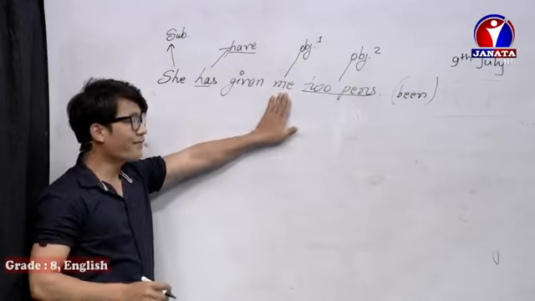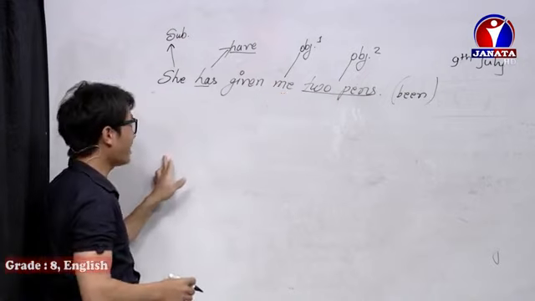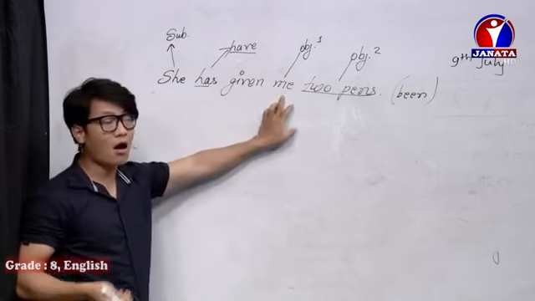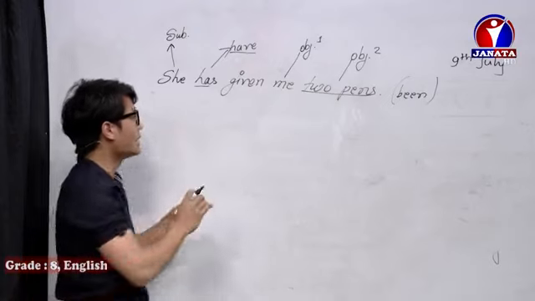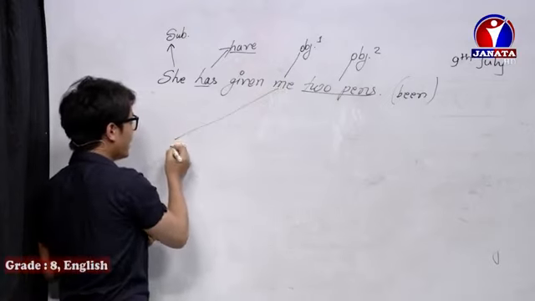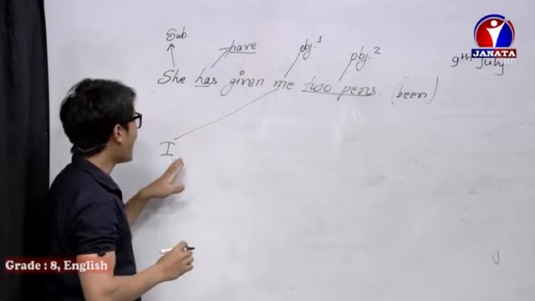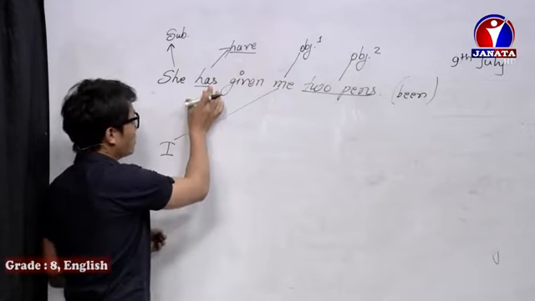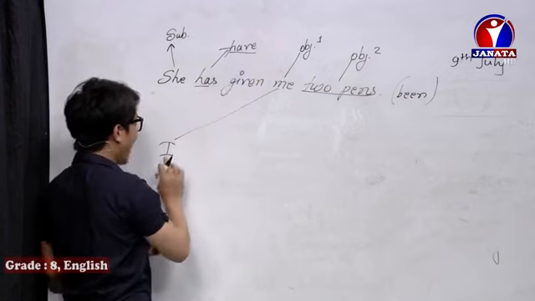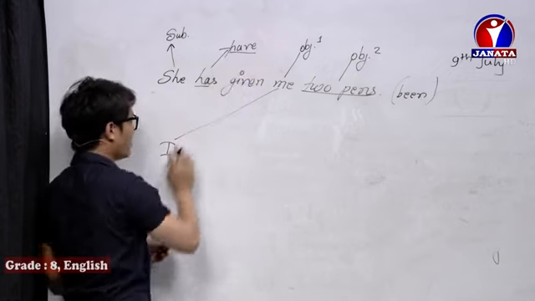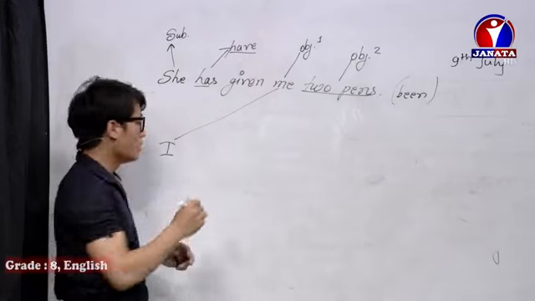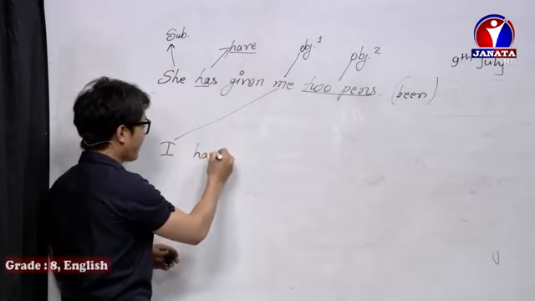Me is the objective case, so what is the subjective case of me? Obviously I. So me comes first and stands as I. Here is the auxiliary verb, has and have. Which do I take? Obviously have. So we can say I have.